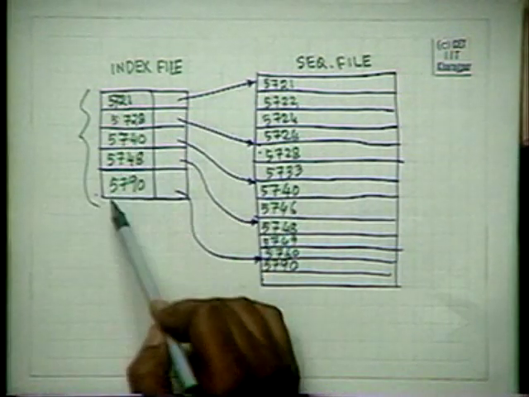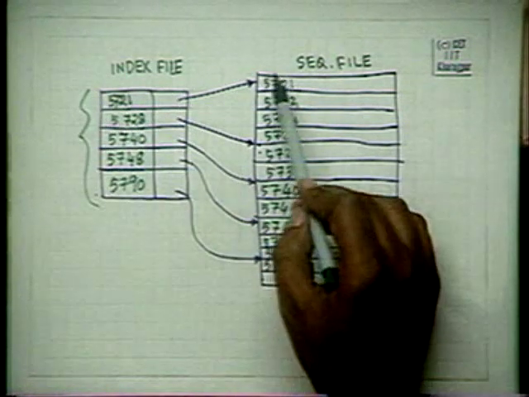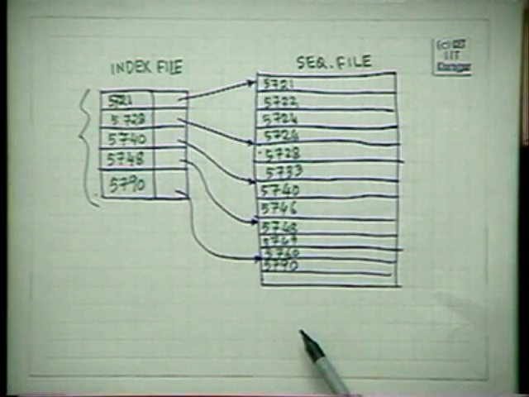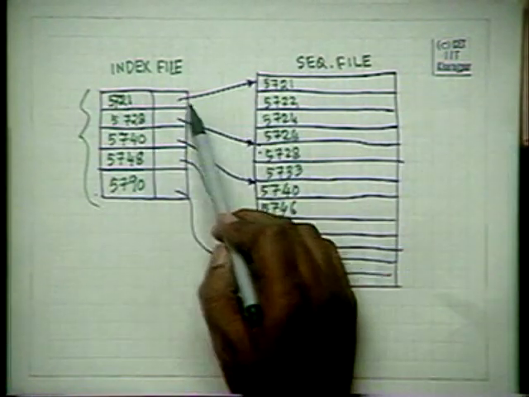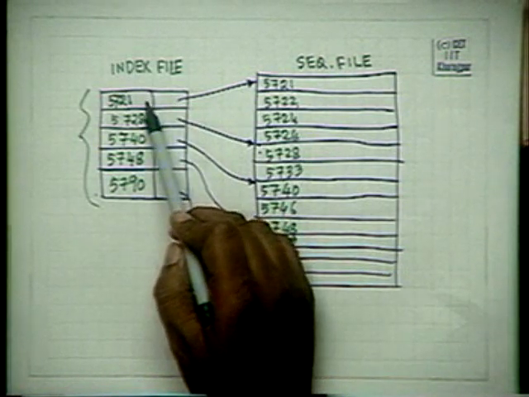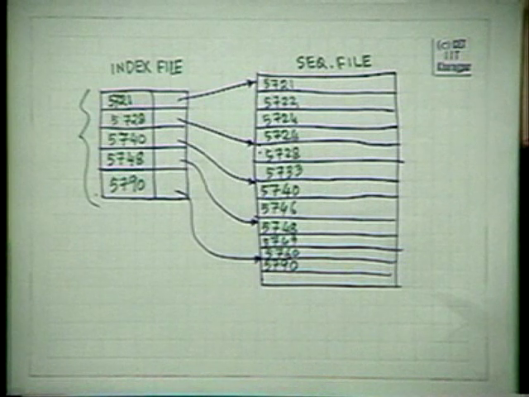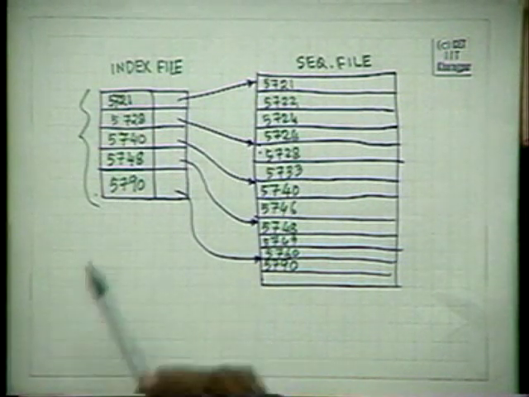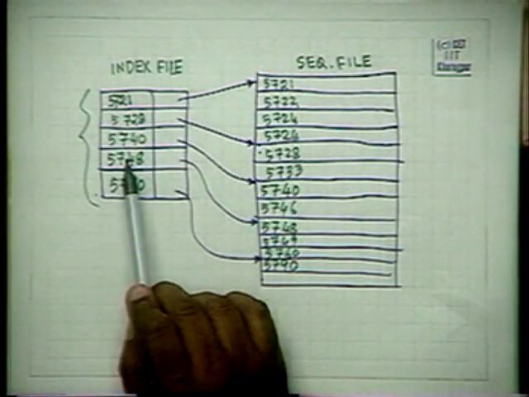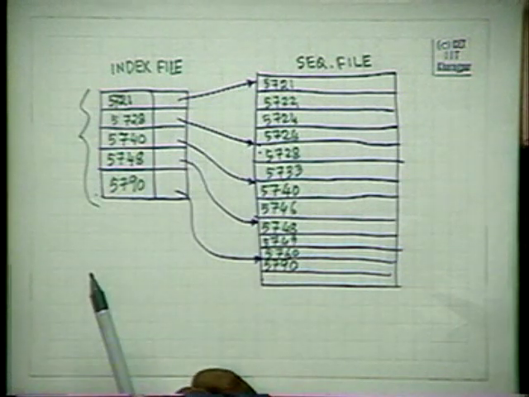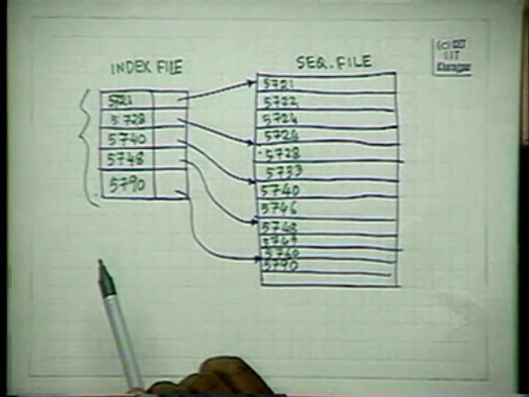The index file is expected to be much smaller than the original file, but it is also expected to evenly break up the sequential file, so that your access time is reduced to a greater extent.